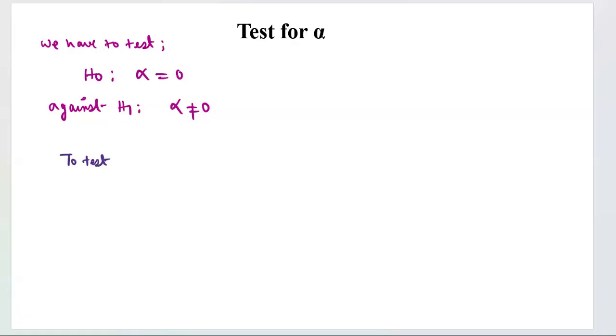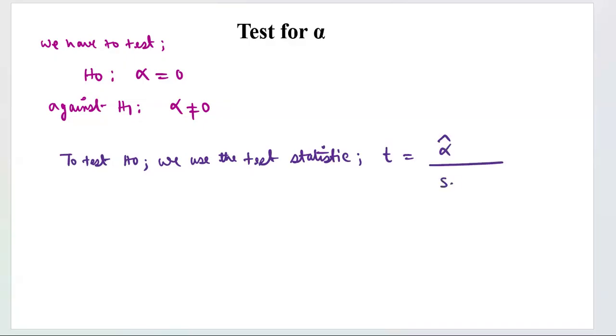To test H naught, we use the test statistic, which is T, nothing but alpha cap upon standard error of alpha cap, because under H naught, alpha is 0.